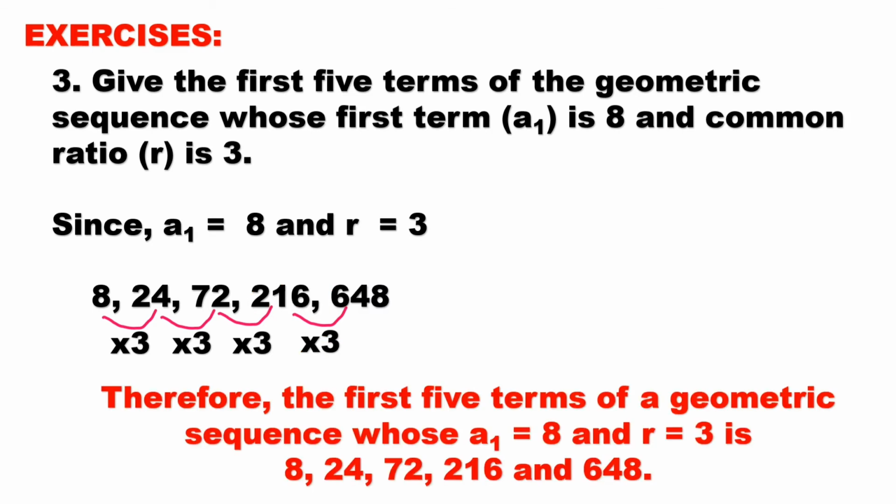Therefore, the first 5 terms of a geometric sequence whose first term or a sub 1 equals 8 and common ratio or r equals 3 is 8, 24, 72, 216, and 648.